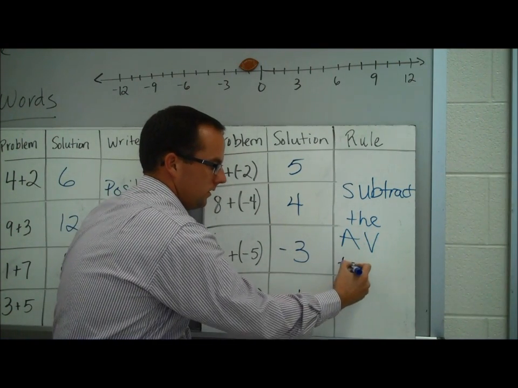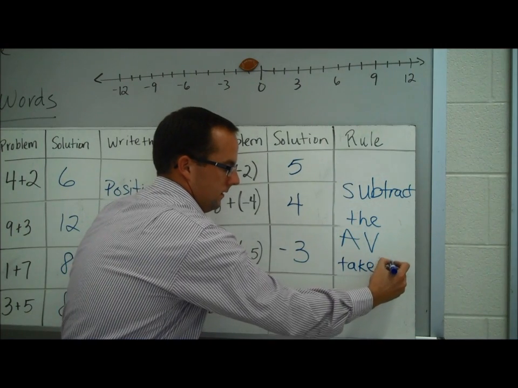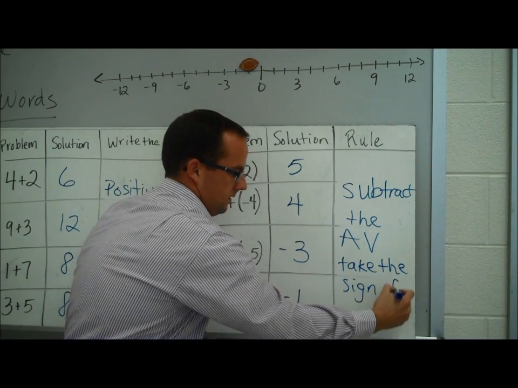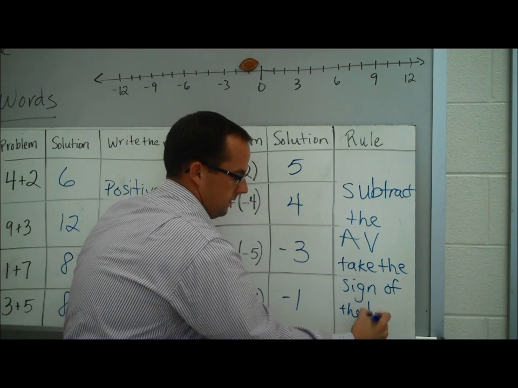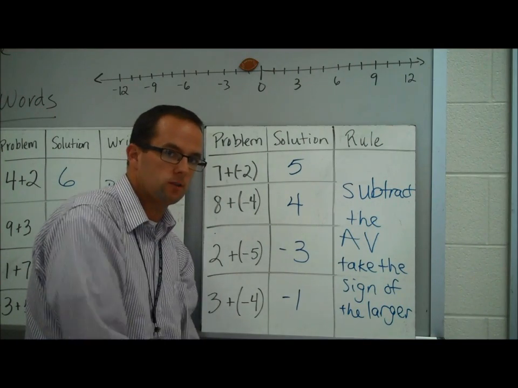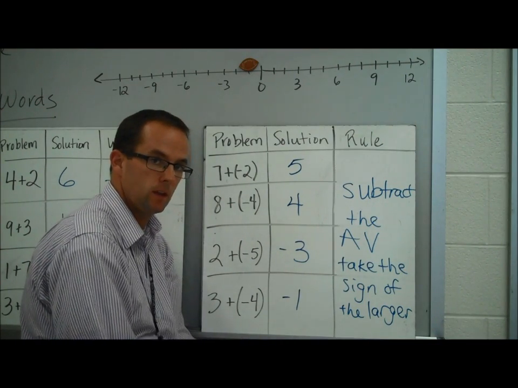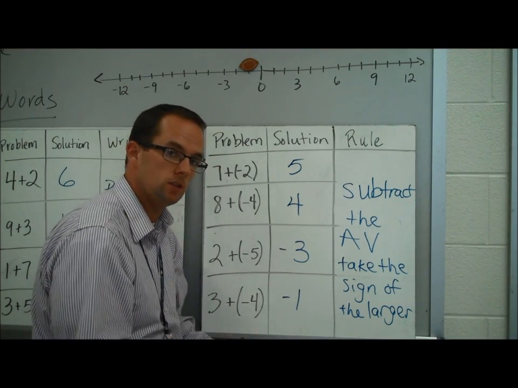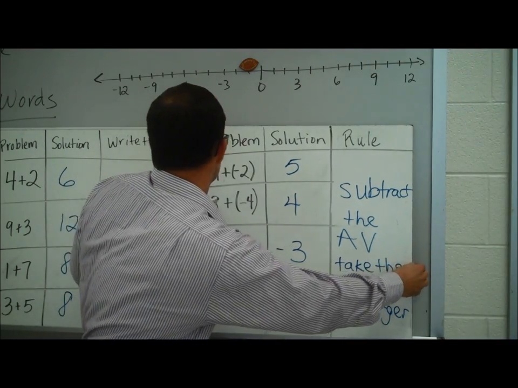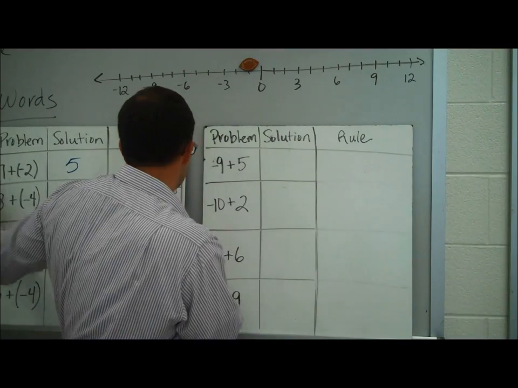So take the sign of the larger one. Oh, my handwriting got pretty bad there towards the end, but you get the gist. All right? Copy that down. Pause if you need to. Otherwise, just keep following along. We're going to go to the next set now.